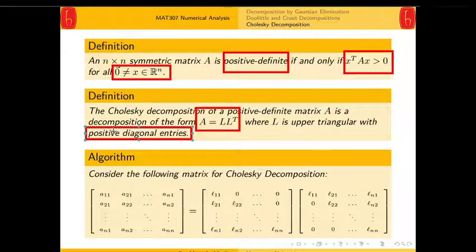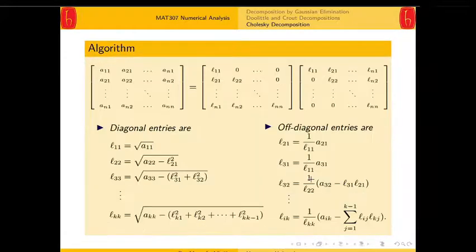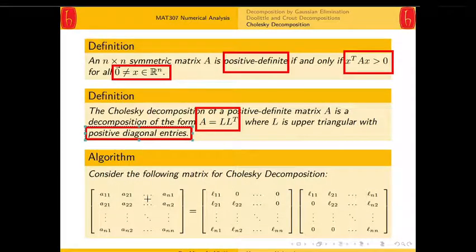This will be our assumption. So, an algorithm: consider the following matrix for Cholesky decomposition. This will be the lower triangular matrix, and its transpose will be our upper triangular matrix. And here we assume A is a symmetric positive definite matrix.